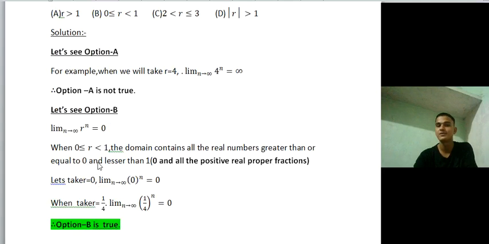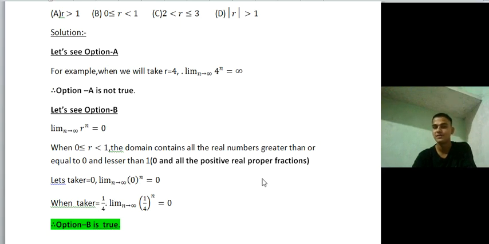So you can take as examples 0 or any proper fraction, like 1 by 4, 1 by 2, 1 by 9. If you take r equal to 0, then obviously the limit as n tends to infinity of 0 to the power n is equal to 0.